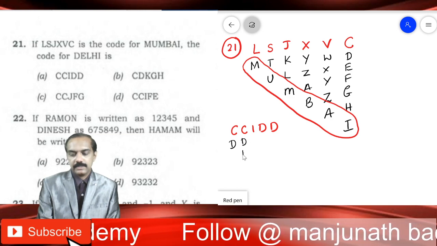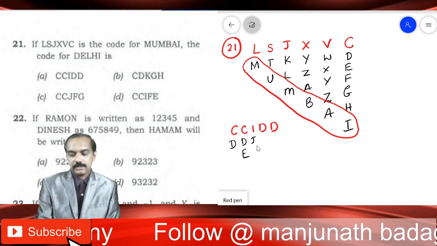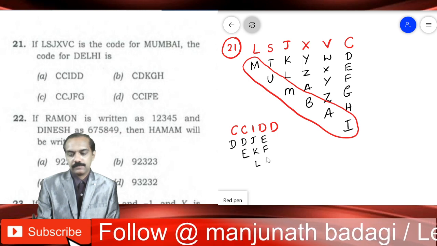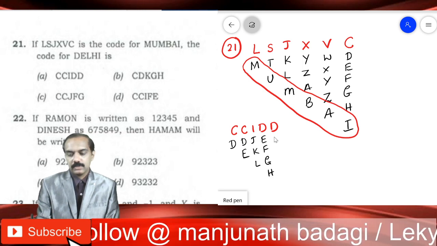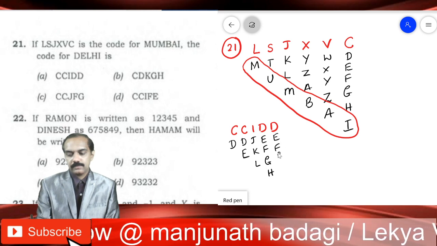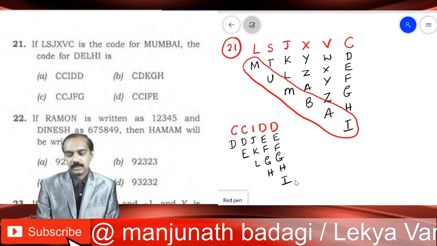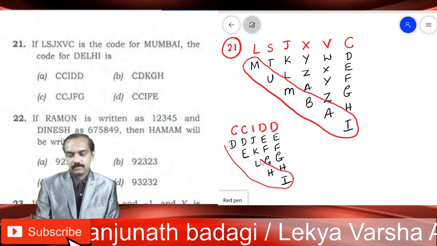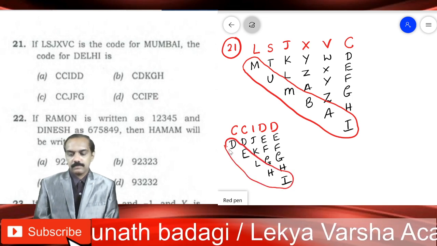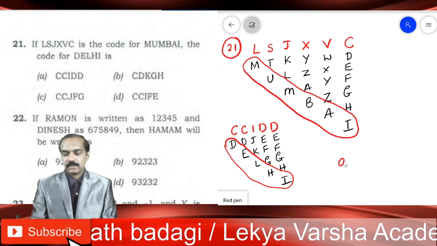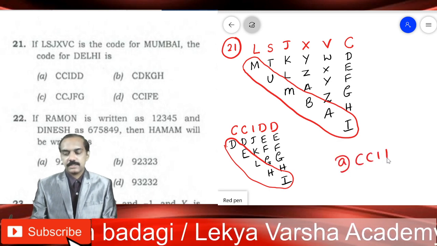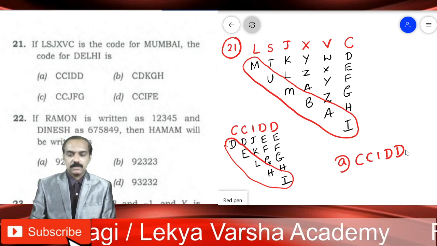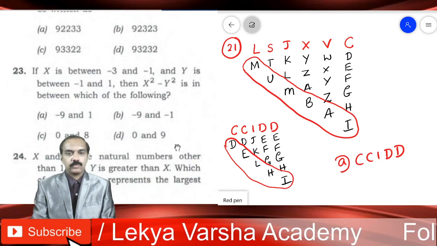After C, D, then E, I, J, K, L, D, E, F, G, H, I. So we got Delhi here. So it only goes to say that the very first option is indeed the correct answer. C, C, I, D, D. This is everything about problem number 21.